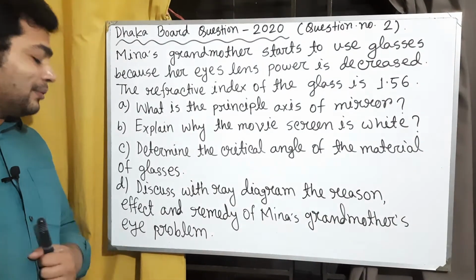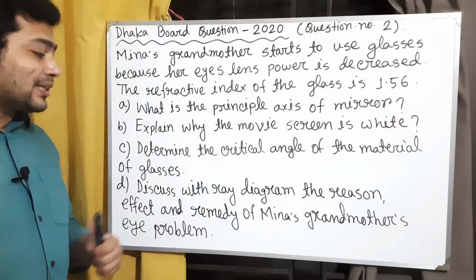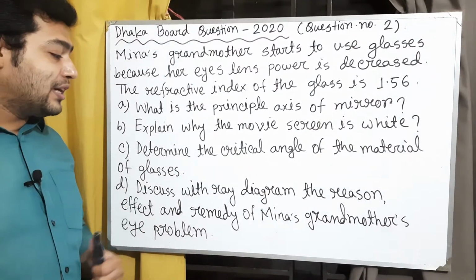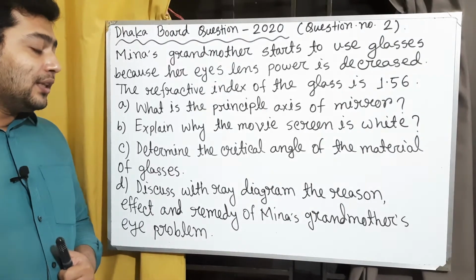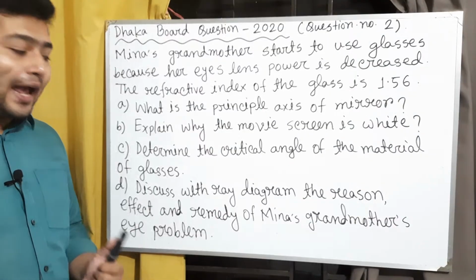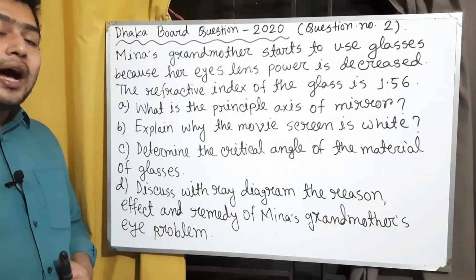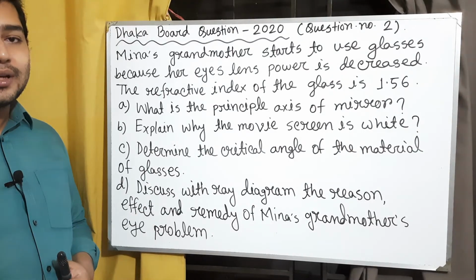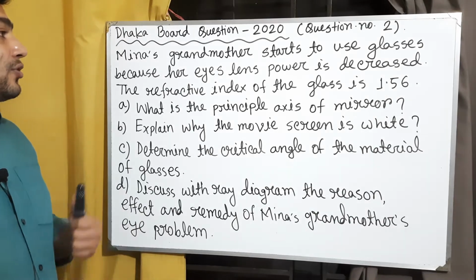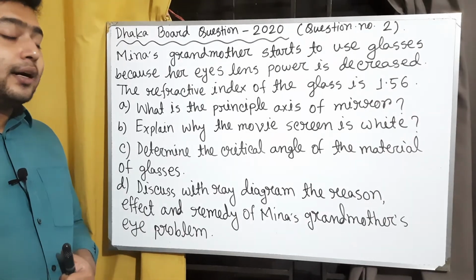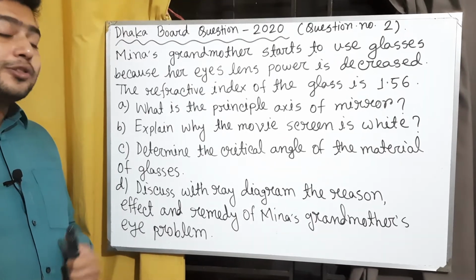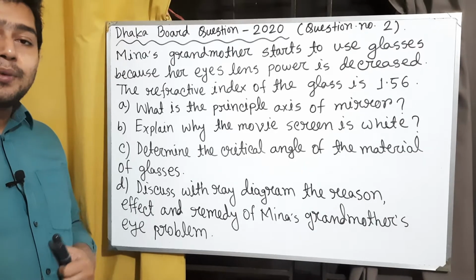And question D, discuss with an appropriate ray diagram the reason, effect and remedy of Mina's grandmother's eye problem. So this is our creative question. Now we will try to solve this question part by part.